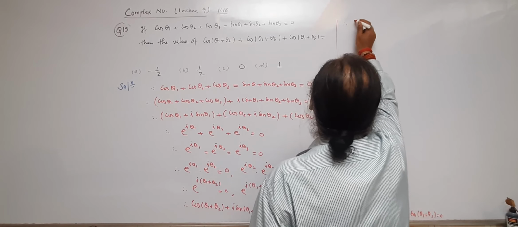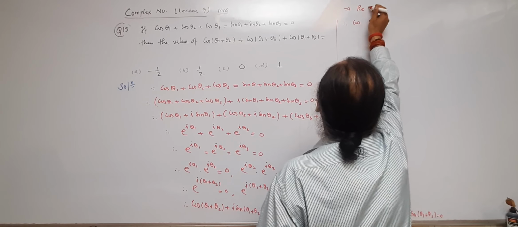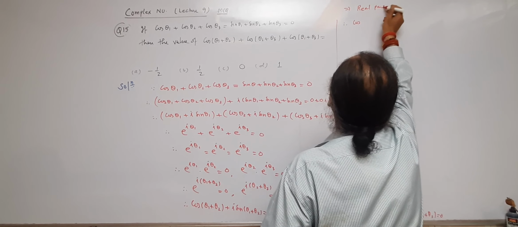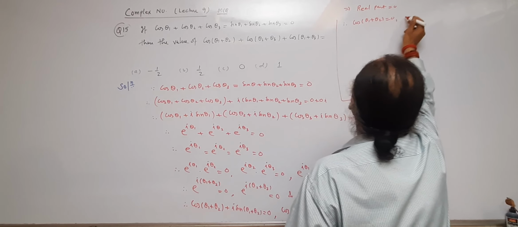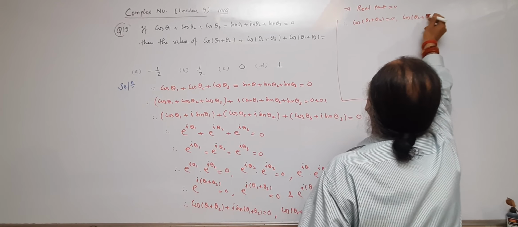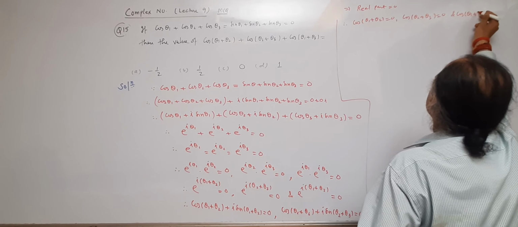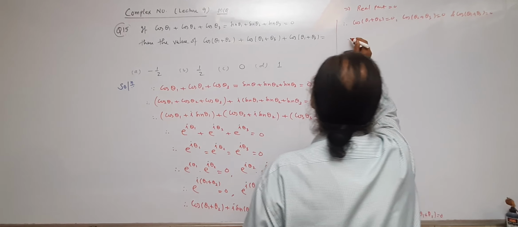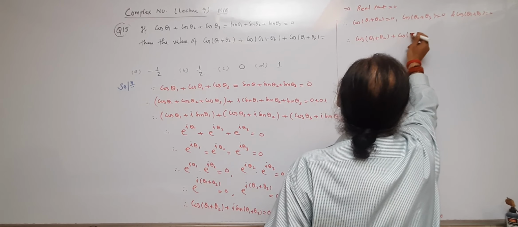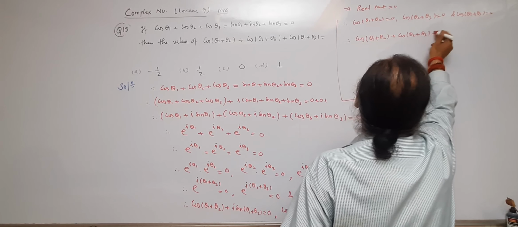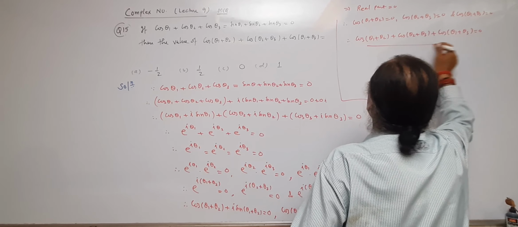So real part is 0 means cos of theta 1 plus theta 2 is 0, cos of theta 2 plus theta 3 is 0, and cos of theta 1 plus theta 3 is 0. So their sum will be 0. Answer C.